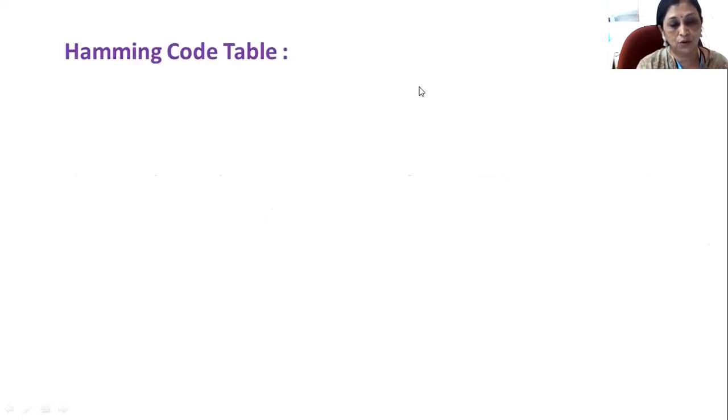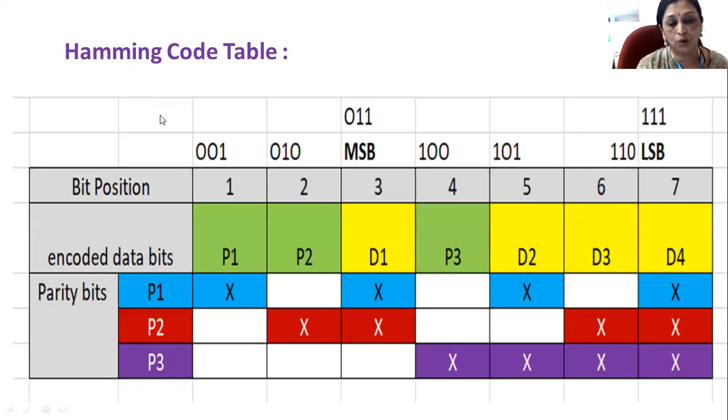So 2 raised to the number of parity bits must be greater than or equal to m, that is the number of message bits, plus the number of parity bits plus 1. Let us see, after finding out the number of parity bits used to construct the Hamming code, how to construct the Hamming code table.